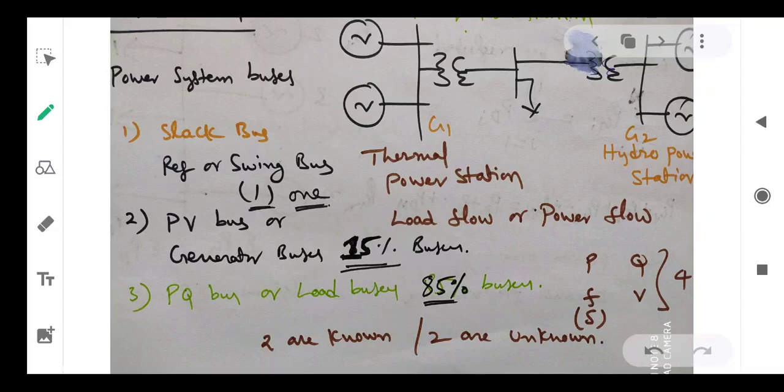At bus number 3, P and Q are specified, therefore delta and V have to be found. Instead of frequency, we use delta here, the load angle. Thereby, by performing the load flow analysis, we can compute the 2 unknown parameters at each of the buses.